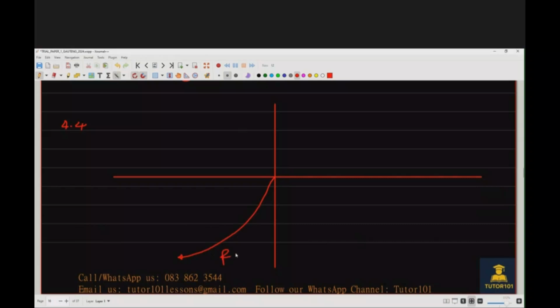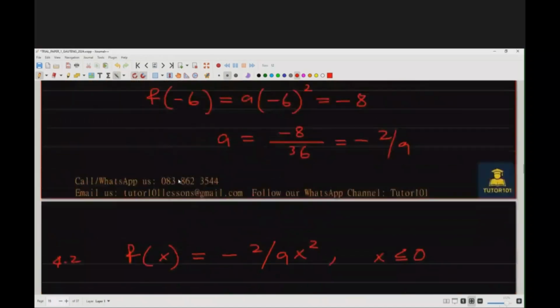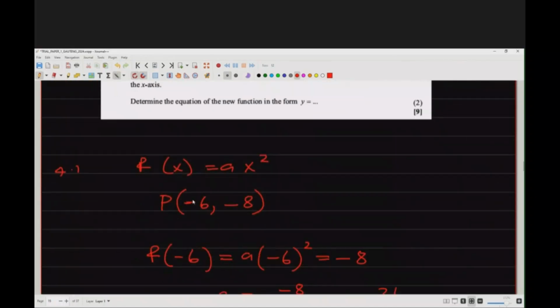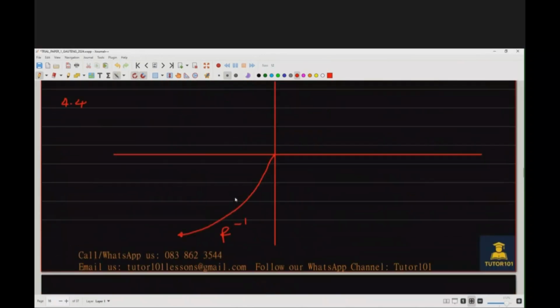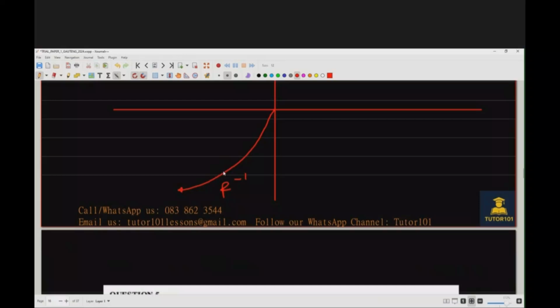That is how our f inverse will look. Previously, we had (-6; -8). So what that means now is that we'll have (-8; -6).